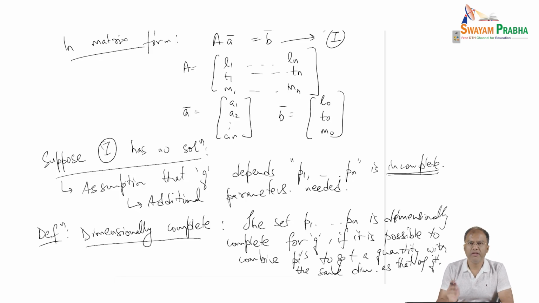So which means that at least the system can be solved, that is, we have a solution, then we know that the system is dimensionally complete.